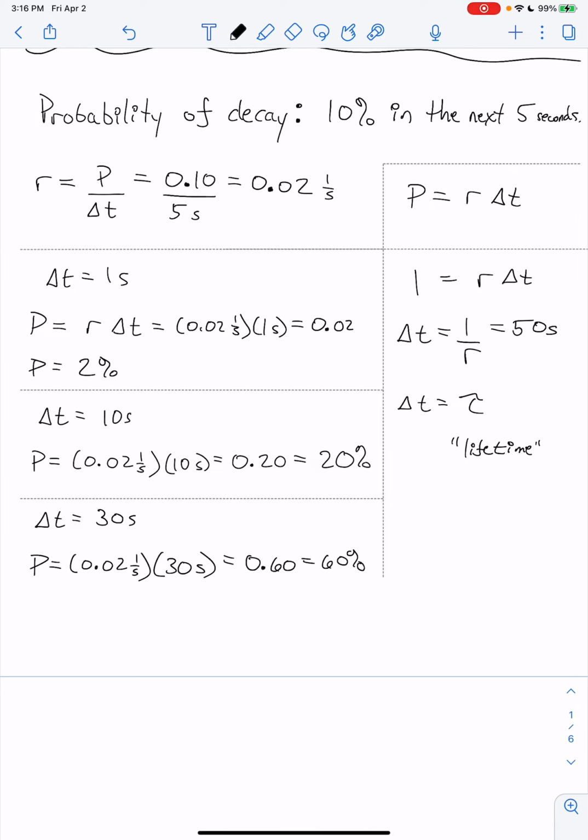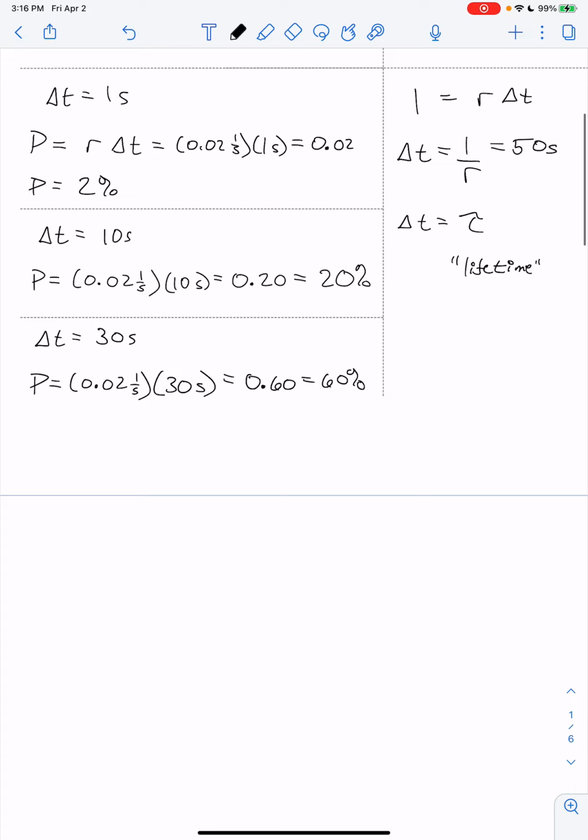Okay. Now, that's for one individual. What if we have a large population of these atoms or radioisotopes?